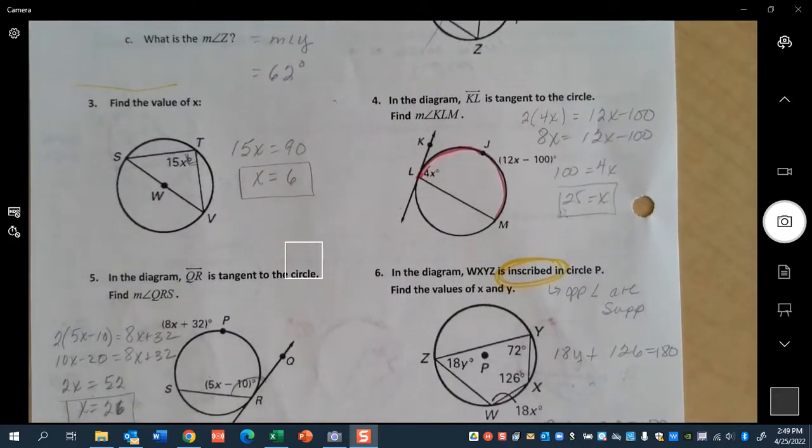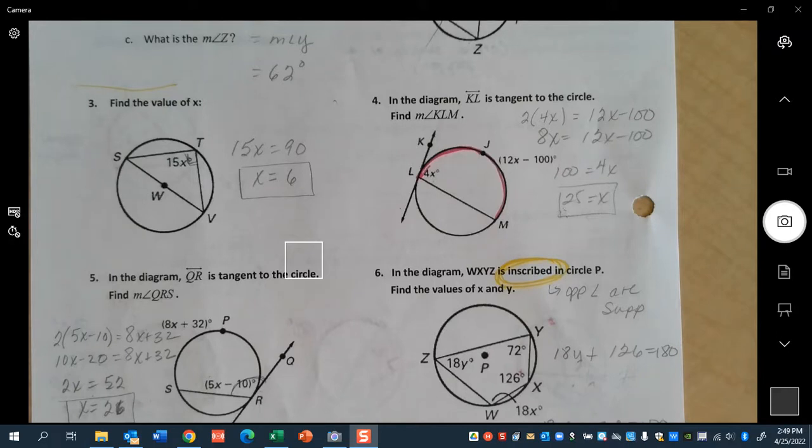It's a diameter, so it has 180 degree measure. When I have a circle with a 180 degree arc, that means that this angle is going to be a 90 degree angle, so I can solve for x is 60. Here, this is twice this angle.